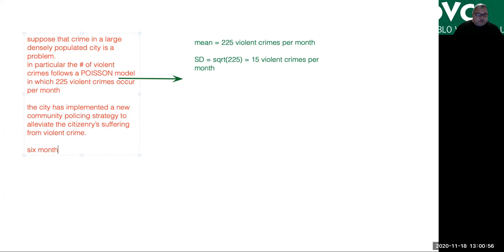Six months into the program, we observe 180 violent crimes.